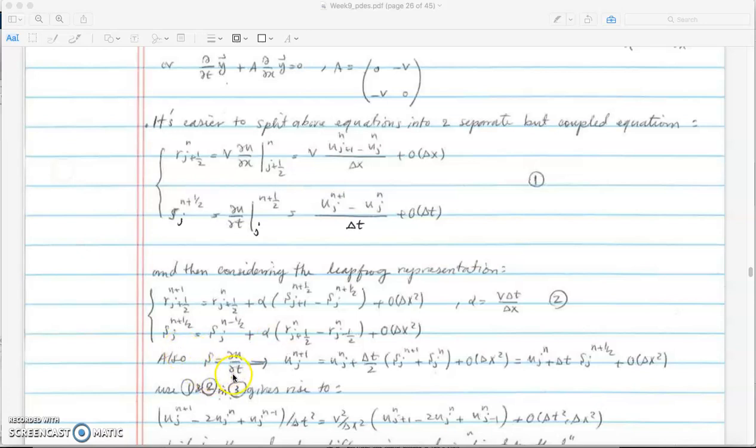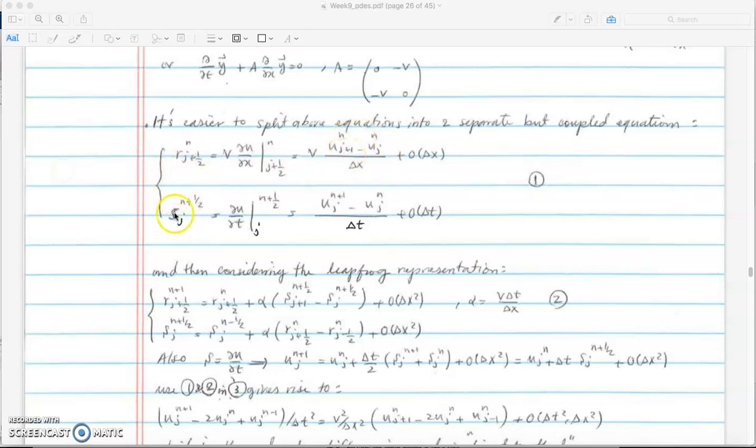S is by definition du dt, and from here we can relate S at half time discretization and let's say spatial coordinate xj is equal to the central difference version of du dt, which is un plus 1 minus un divided by del t. We can do the same thing for r at j plus half, which is equal to v, and then define the central difference version of du dx.